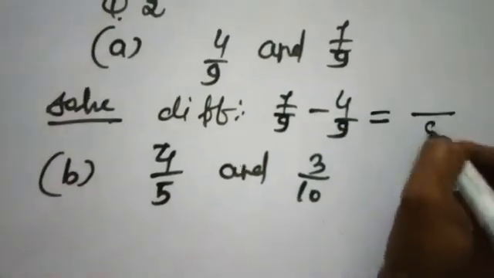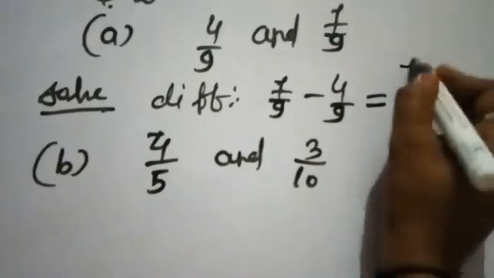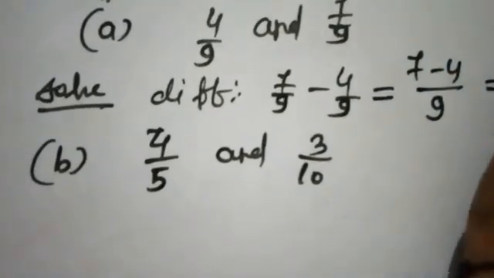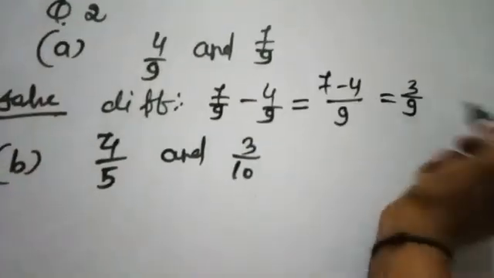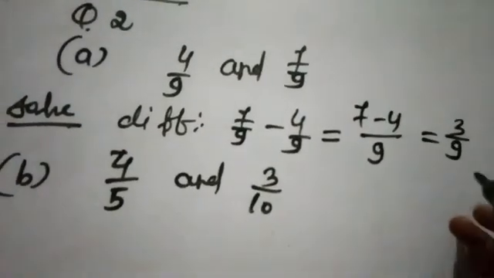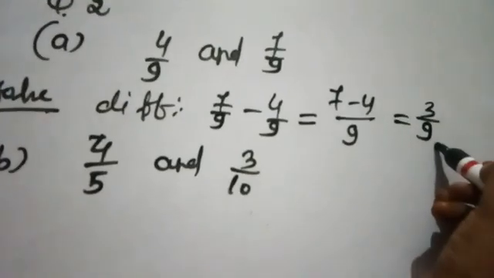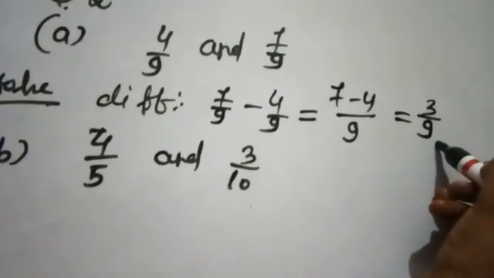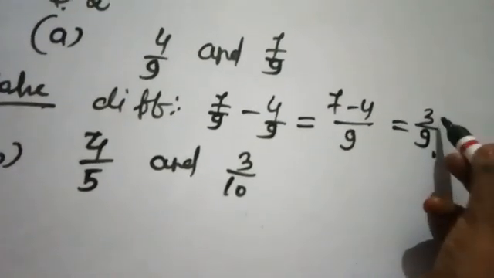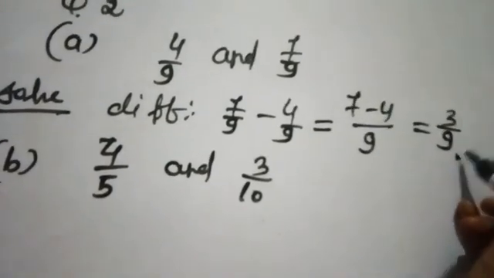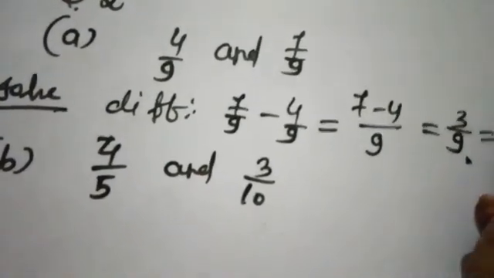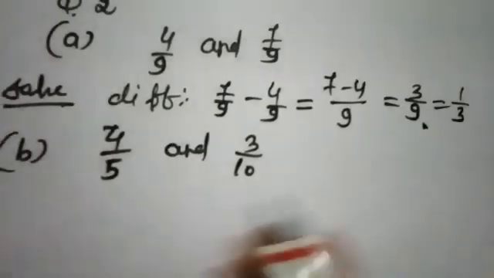Denominators are the same. So here also we will write down the denominator only one time. Then 7 minus 4. Our answer is 3 by 9. Here one more thing is possible, 3 upon 9. Both the numbers are divisible by 3. So you can reduce it if you want, and convert it into the simplest form. Otherwise this is also the right answer.